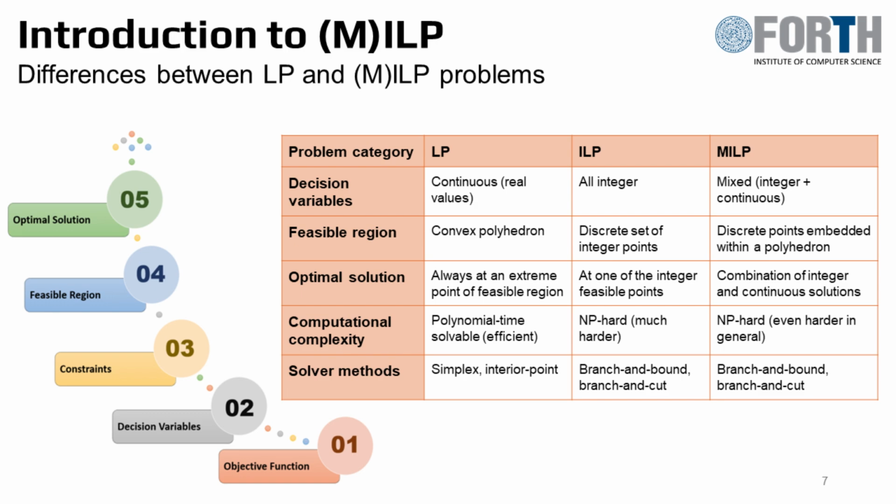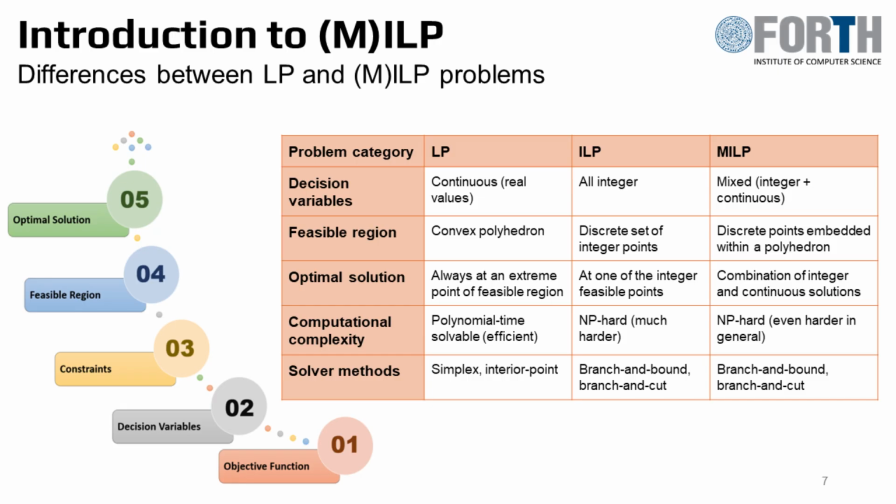Once the model is constructed, a solver applies mathematical algorithms to search for and ideally find the optimal solution. At a high level, this process is identical for both LP and MILP. The difference lies not in the modeling workflow, but in what happens inside the solver.